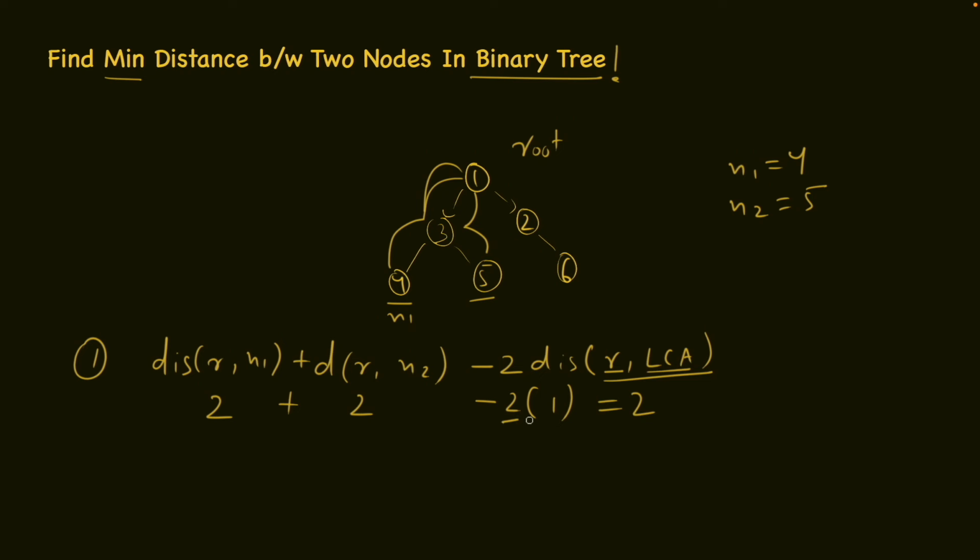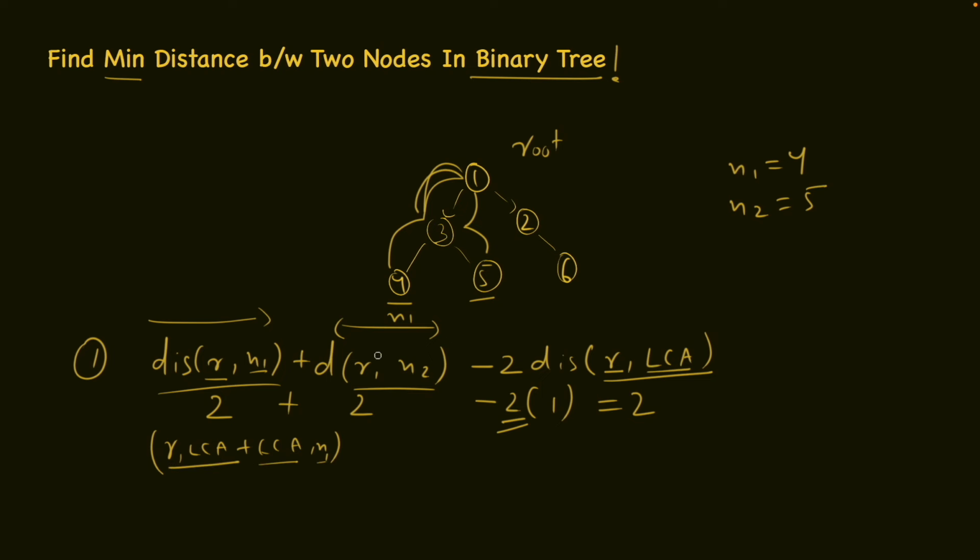Why twice here? Because you would be traveling from here to here 2 times, right? In order to calculate this particular distance and this particular distance. The distance from root to n1 is nothing but root to LCA plus LCA to n1, right?